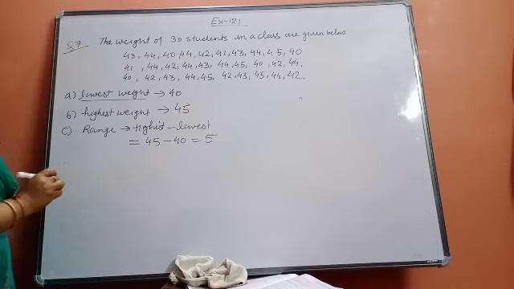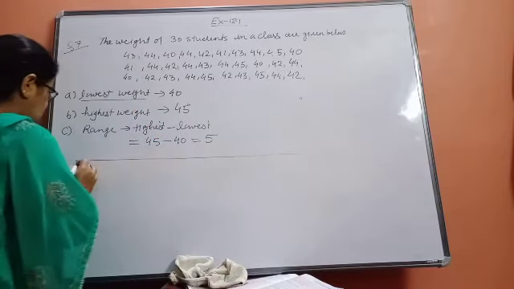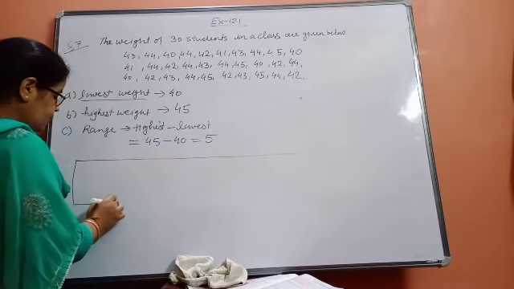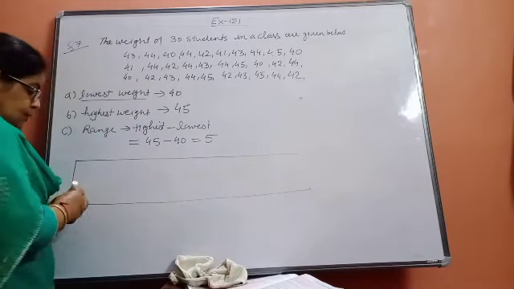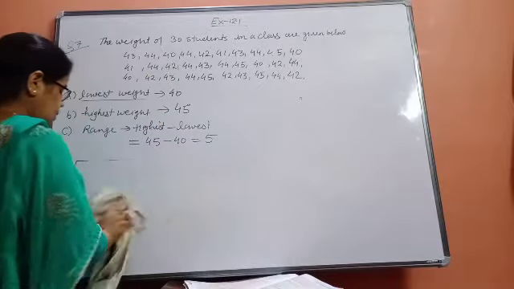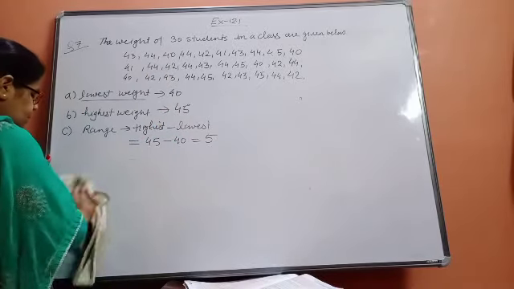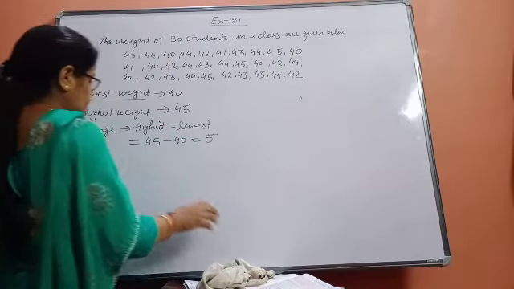Now see, make a frequency distribution table. Now we are going to make the frequency table with the help of tally marks. In the previous period also I taught you to make the frequency table.